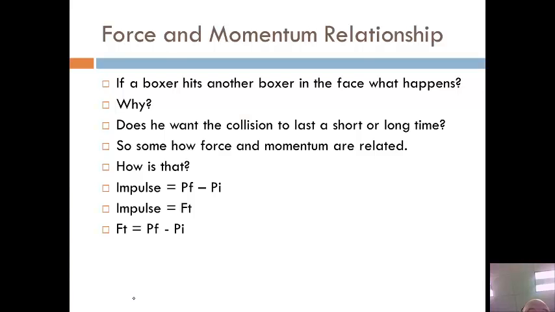Now, today, we're going to discuss momentum and how it relates to impulse. We watched a video Wednesday in class, and they started talking about this relationship between momentum and force. What I want you to understand is momentum and force are related to each other through impulse.